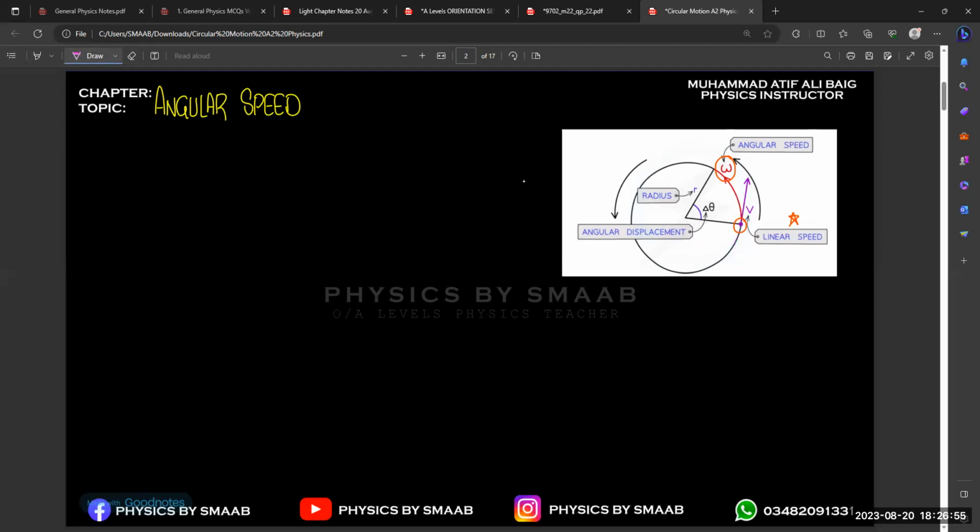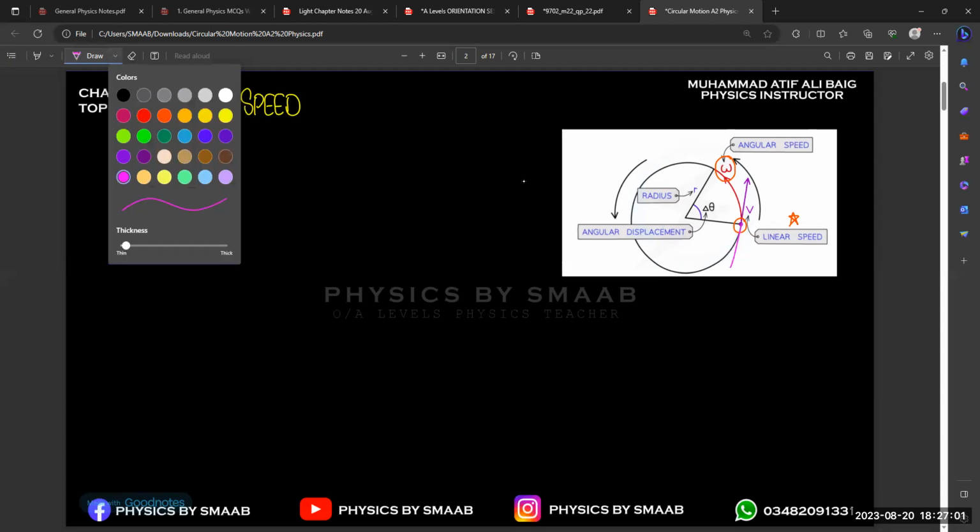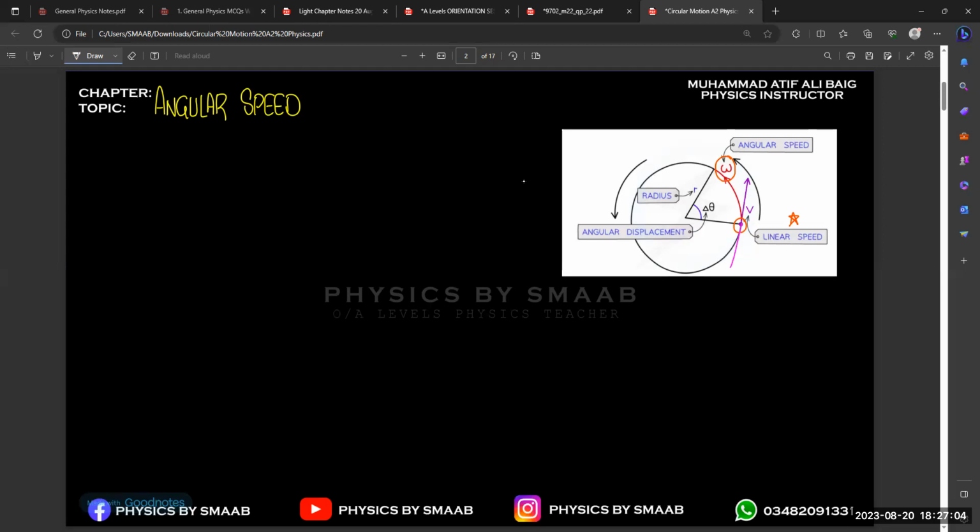So that's why they use the concept of linear speed. At any point, let's suppose if your thread got broken over here, now you can see there is a gap, right? So the stone will not move in a circular path anymore, right? Because we know the concept of resultant forces, there are two components of velocity. One is angular, the second one is linear.